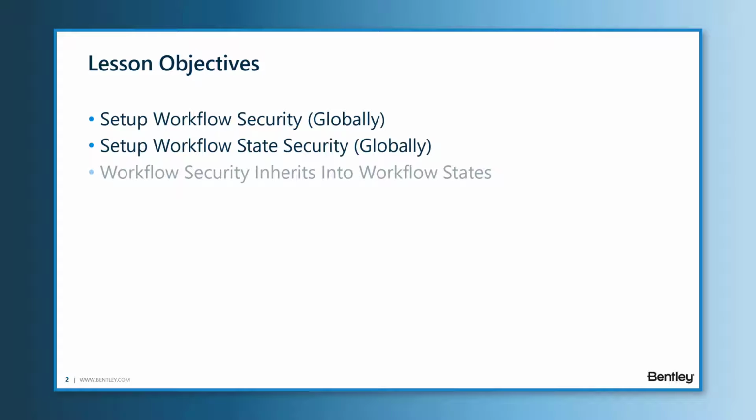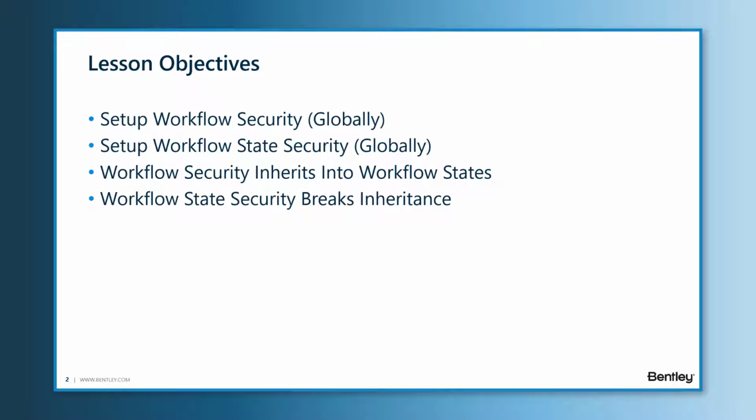We will look at how the workflow security is applied and how it will inherit into all the states that belong to the same workflow. We will also look at how we can break the inheritance by applying the security to the workflow states.